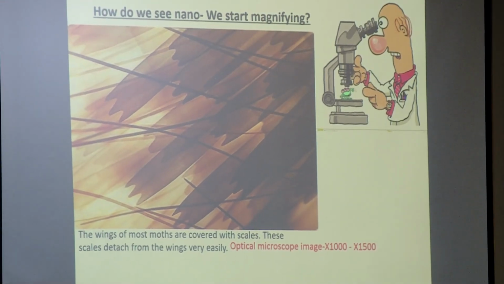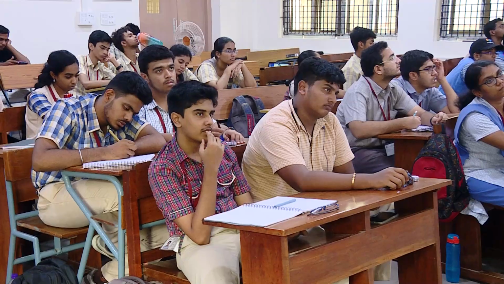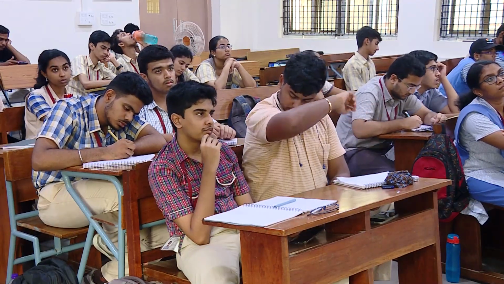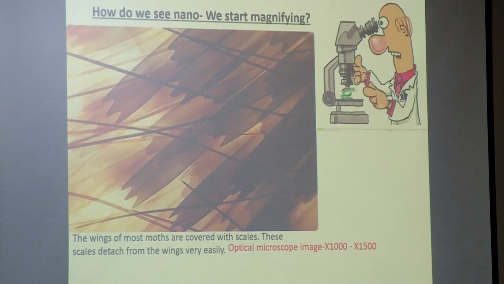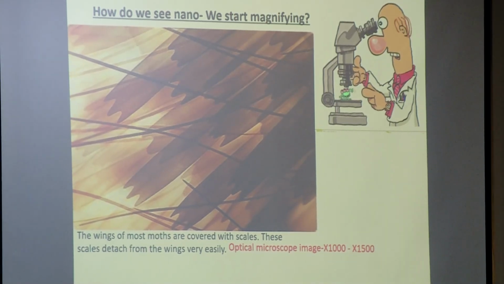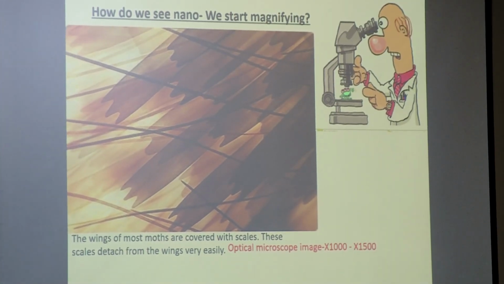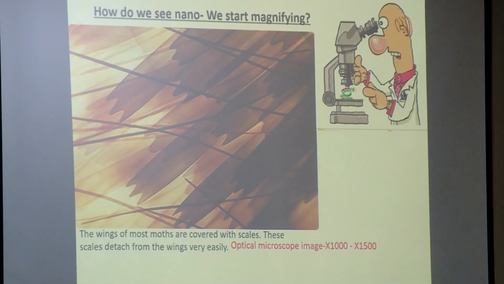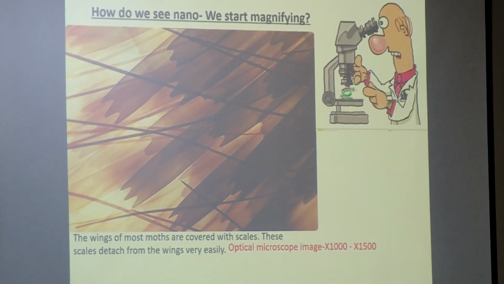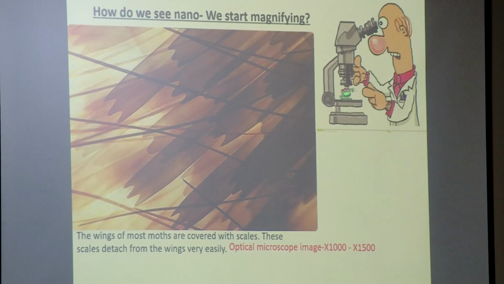10 to the power of minus 9 meters. But for any dimension, for example, if you take this water bottle, can you write the length of this in terms of nanometers? It's possible, right?